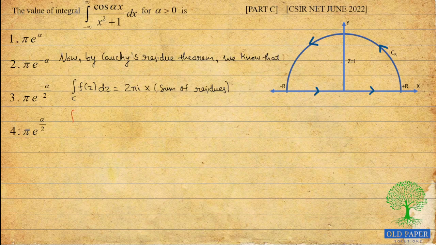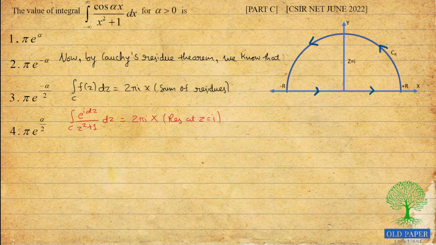This we can write, by substituting the value of f of z, as the integral of e to the power i alpha z upon z square plus 1 dz is equal to 2 pi i times the residue calculated at z is equal to i.